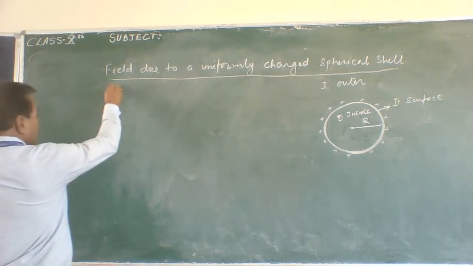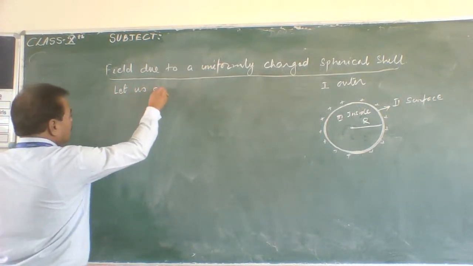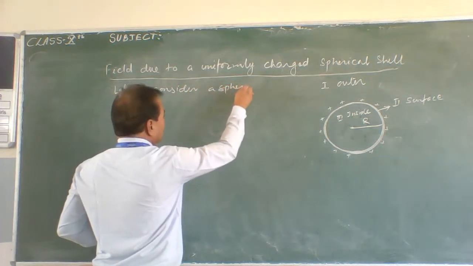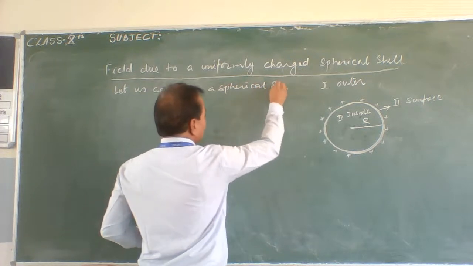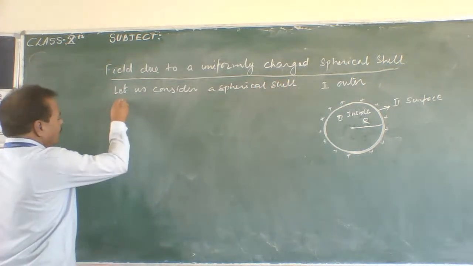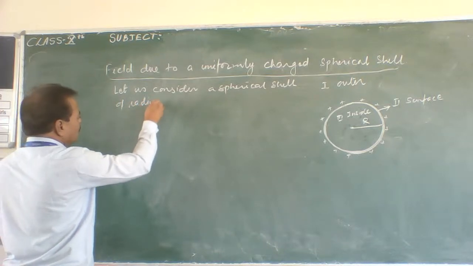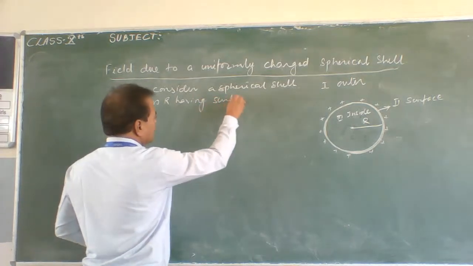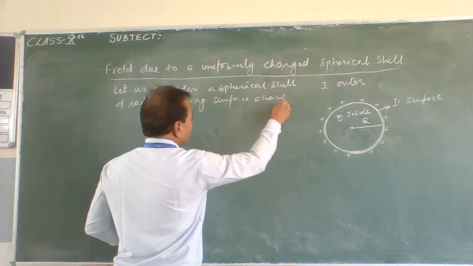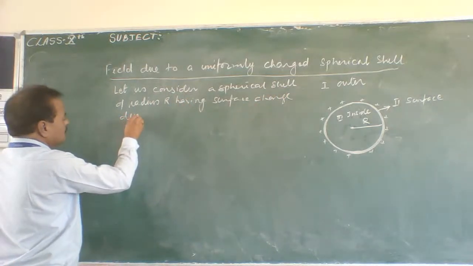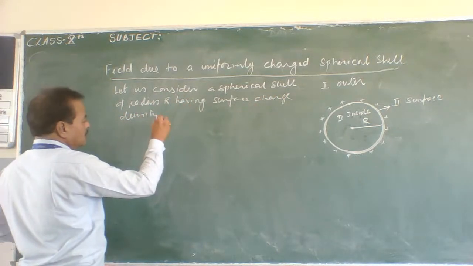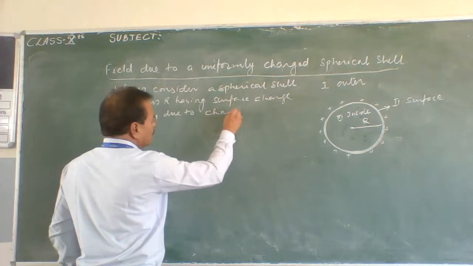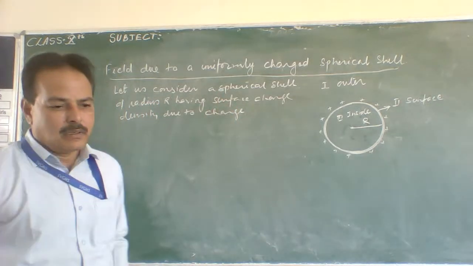So, let us consider a spherical shell of radius r having surface charge density due to charge Q.